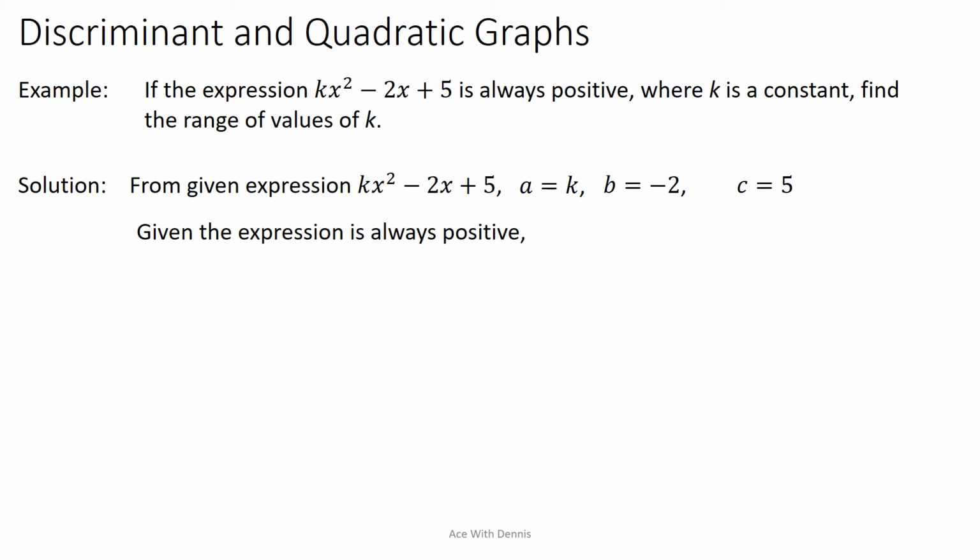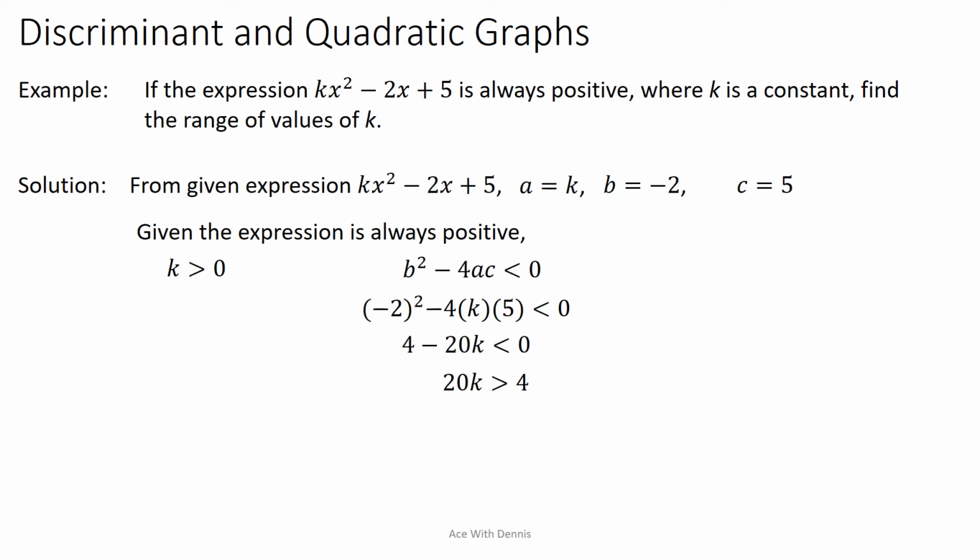Given the expression is always positive, where k is greater than 0, therefore b squared minus 4ac is less than 0. We substitute the values of a, b, and c, and we get that k is greater than 1 over 5.